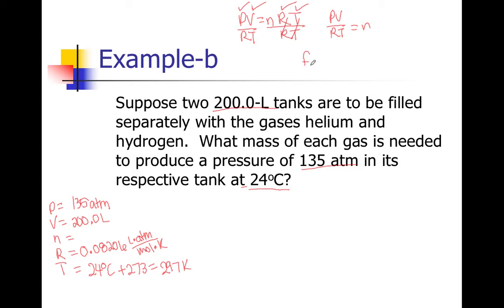So we're going to find moles, and then multiply by the molar mass to get our grams.